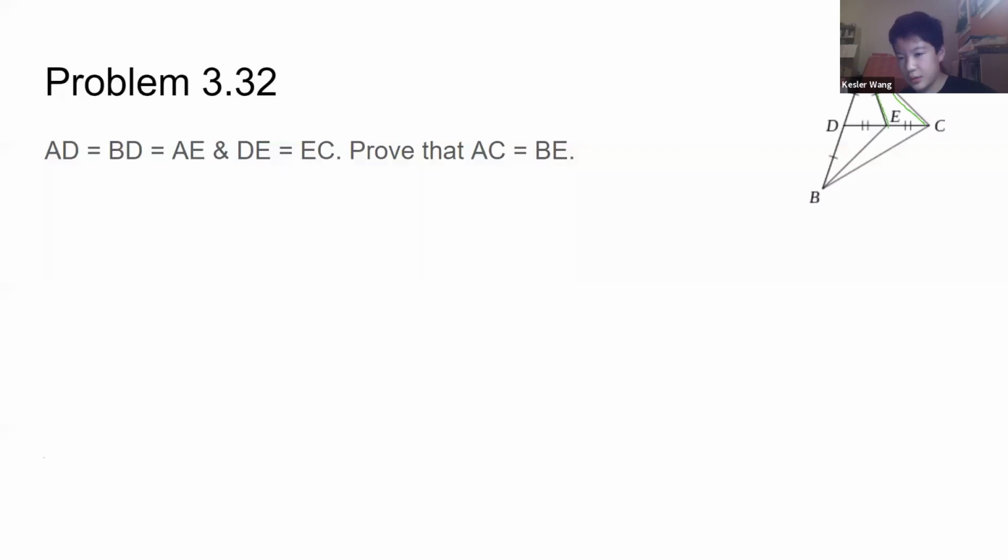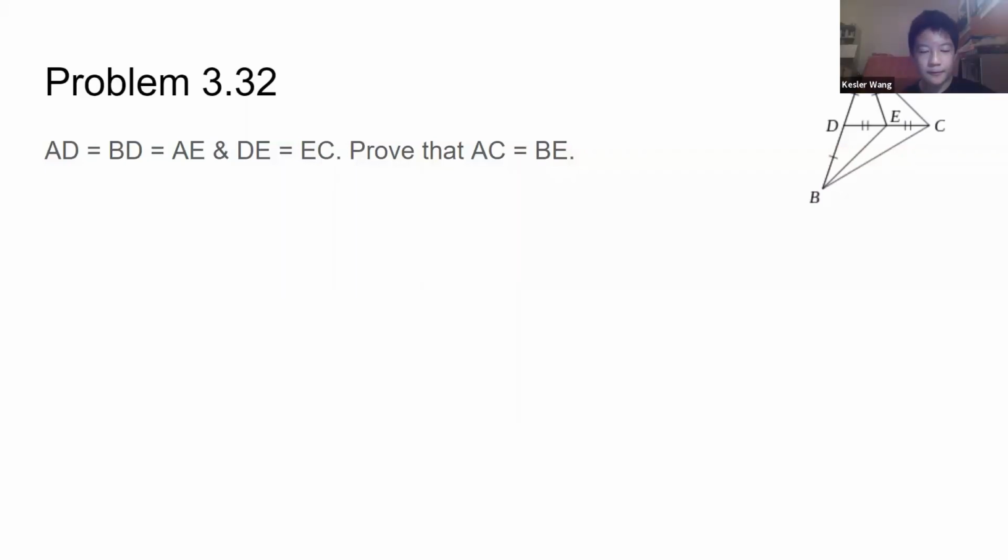These two sides are equal, these two sides are equal. And the last thing we need to prove is that an angle is equal, because we can't prove that a triangle is equal. Okay, I forgot the last part.